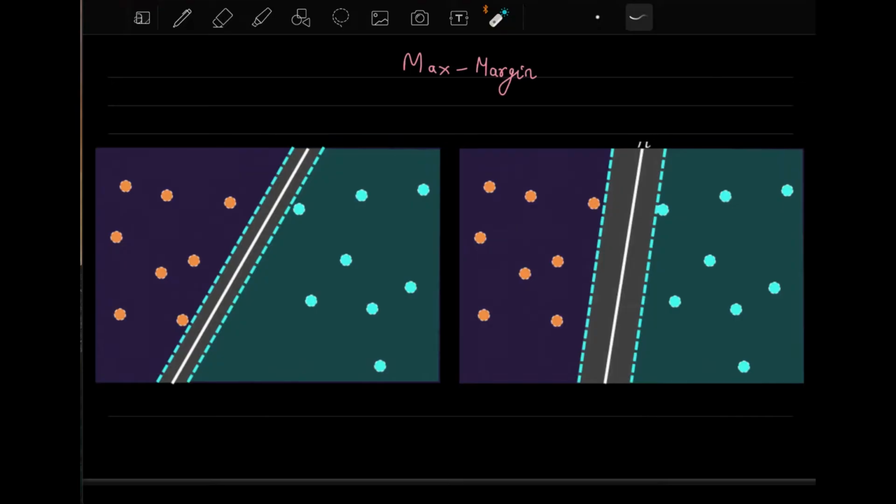But in the first case the margin is this much, and in the second case the margin is this much. It can be seen that the margin you are creating in the second case is larger than the margin in the first case.